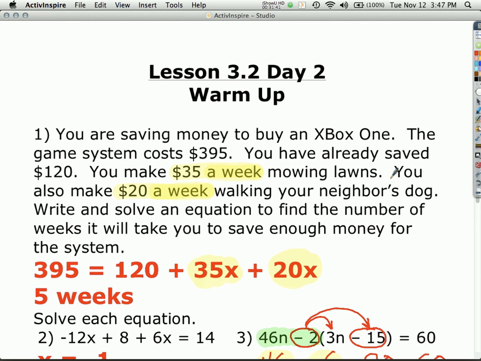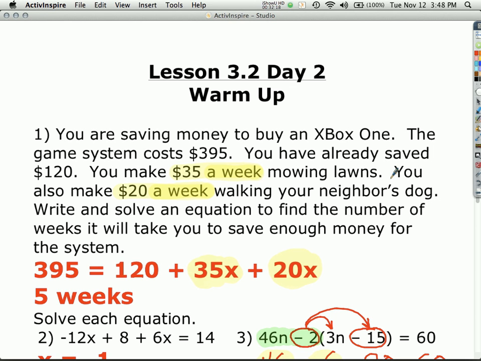Now, if you had your first job and you were saving money, mowing lawns and walking neighbors' dogs maybe a couple years from now, and you were saving for the new Xbox, you would set yourself a goal, figure out how much money you were making, and figure out how long it would take you.